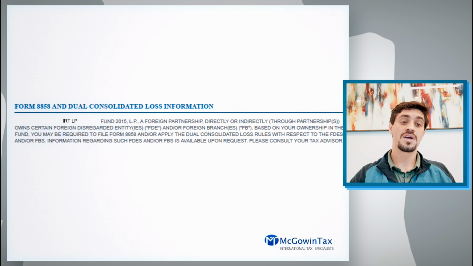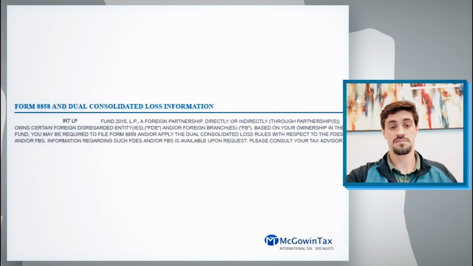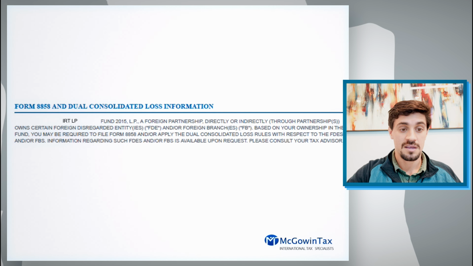There are rules around dual consolidated losses, which I'm not going to get into because they're extremely complicated, but they don't apply to individuals. So a lot of times you'll see this footnote where they say may be required to file Form 8858 and apply the dual consolidated loss rules with respect to the FDEs.